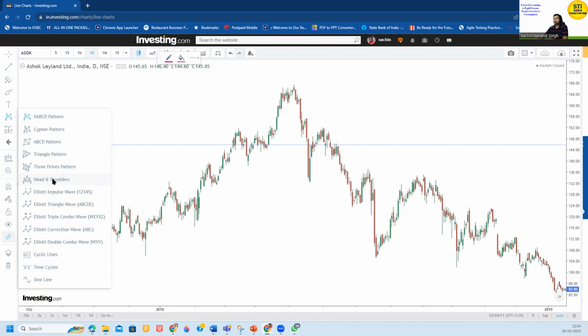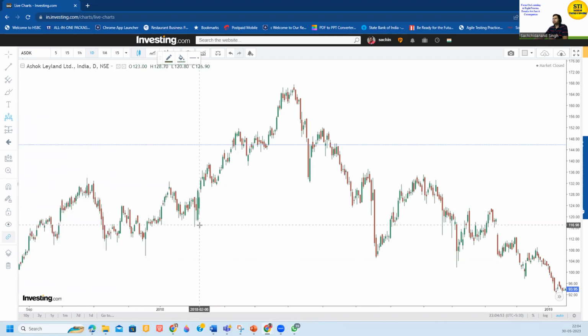How to apply it on the chart: the first click should be where the left shoulder formation point is, the lowest price point. So you can click it here, one click.